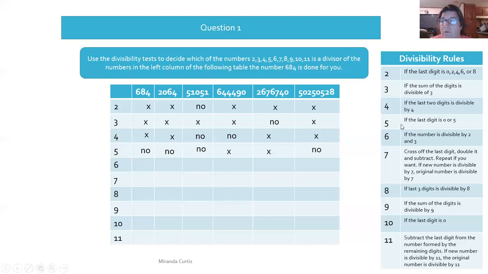Okay, the rule for 5 is that the last digit is a 0 or a 5. So we look at 684. It doesn't follow that rule, so it's not divisible by 5. Then again, we look at 2064. Again, it's not a 0 or a 5, so no. Then we look up here.